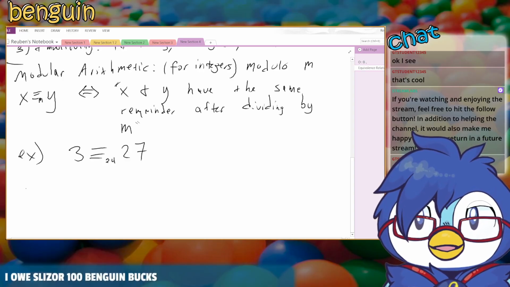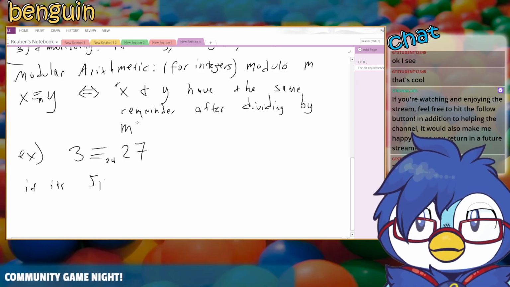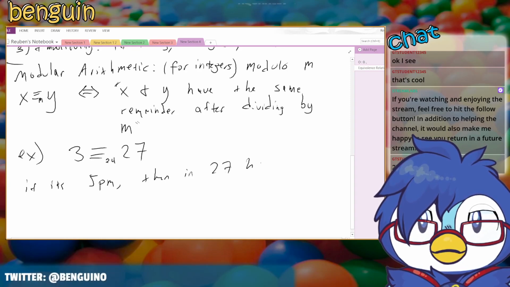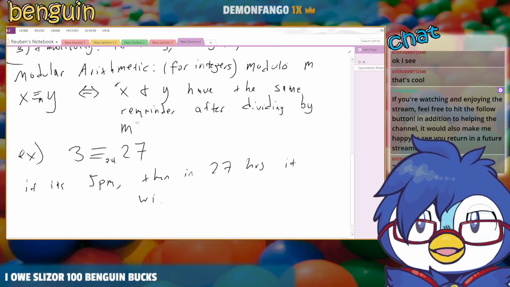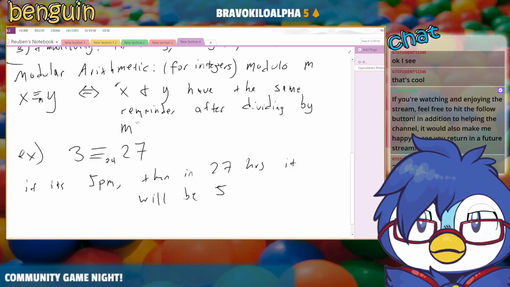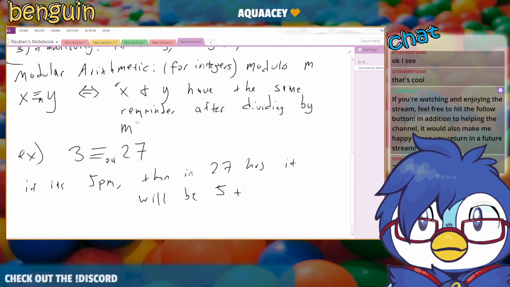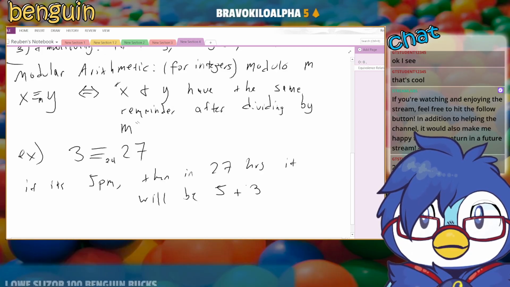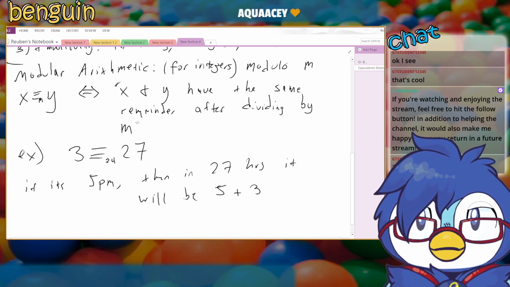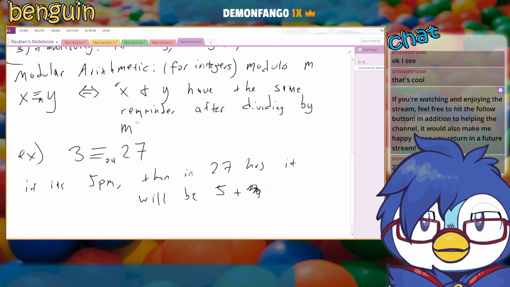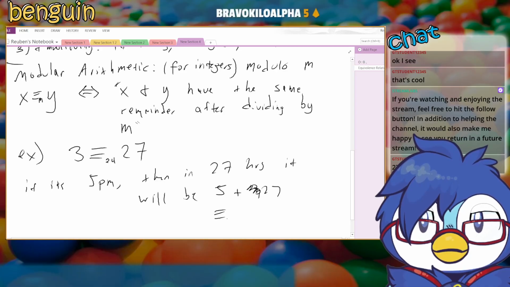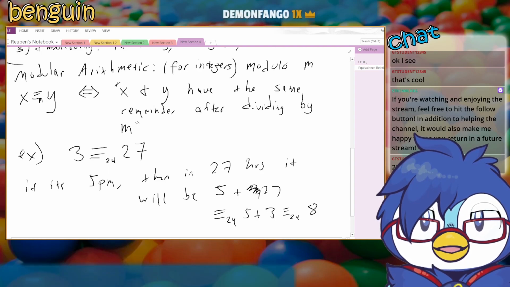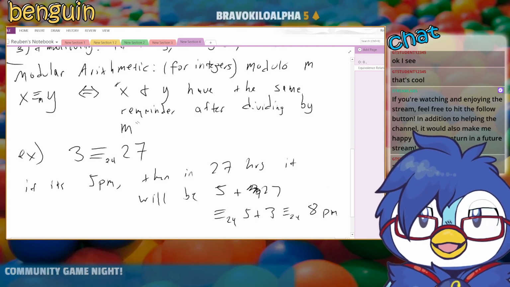So if it's 5 p.m., then in 27 hours it will be 5 plus 27, which is the same thing as 5 plus 3, which is 8. So you would meet me at 8 p.m. the next day.